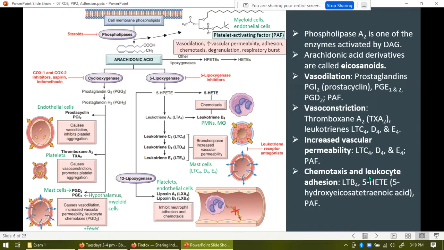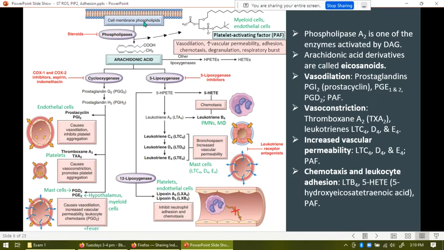Some of them cause chemotaxis, and they upregulate leukocyte adhesion. You don't need to know which of these do which. Just know that they're generally pro-inflammatory, and that there's a bunch of them. The major groups are the leukotrienes and the prostaglandins. Those are the two major ones. You've also got the lipoxins, the HETEs, and thromboxane, which is made by platelets.